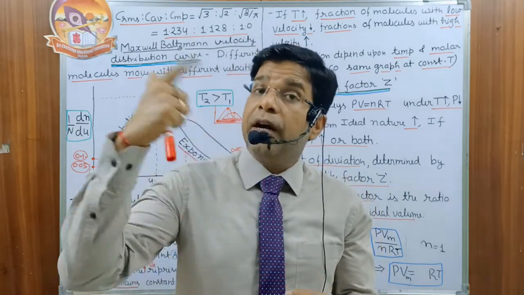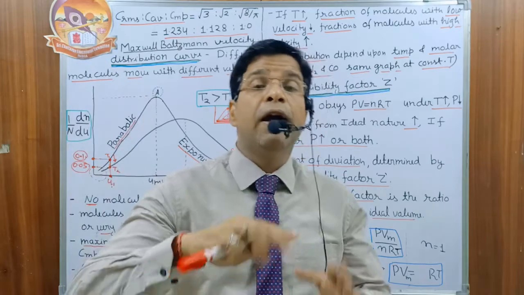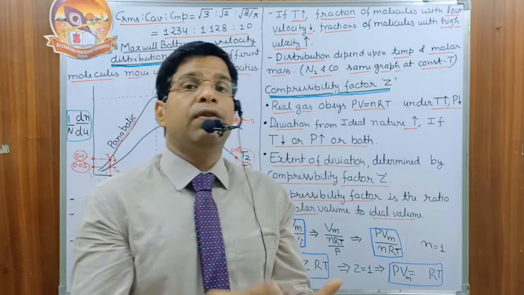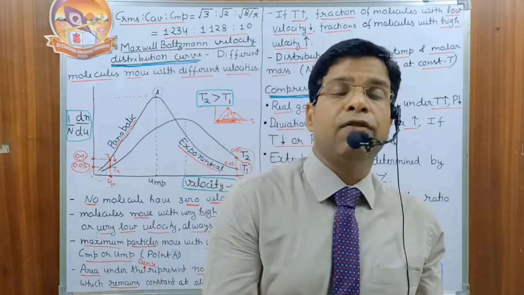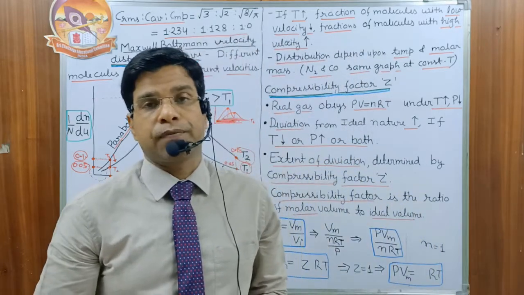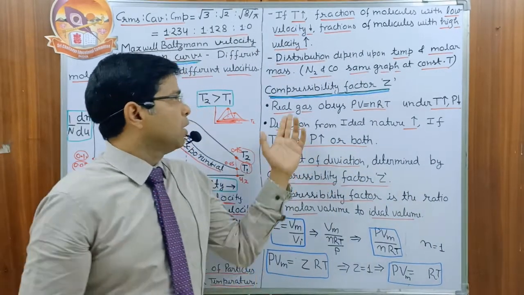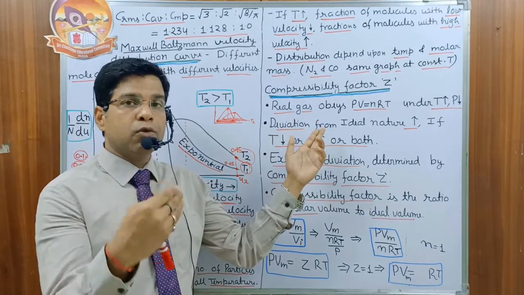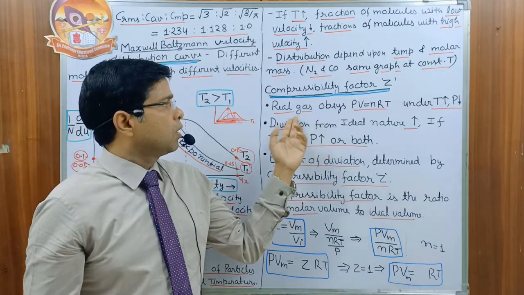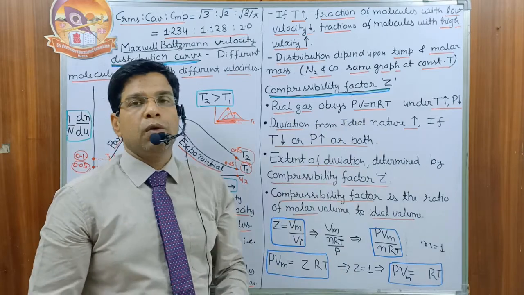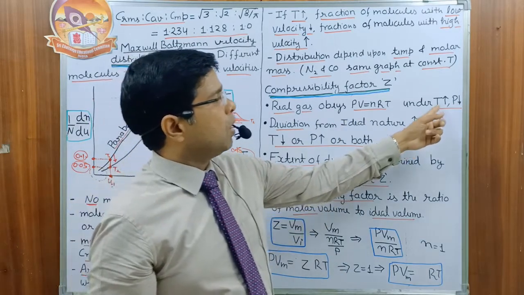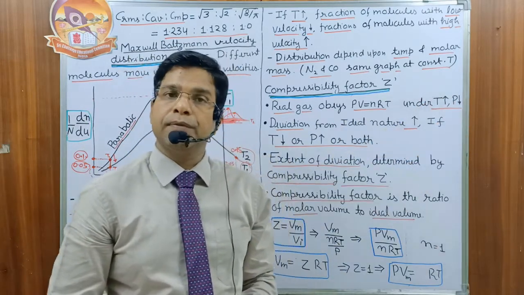At very high temperature and very low pressure, every gas behaves like an ideal gas and follows the ideal gas equation. Look, first point: real gases, the gases we really have on the earth, always follow PV equals nRT under the condition of high temperature and low pressure.